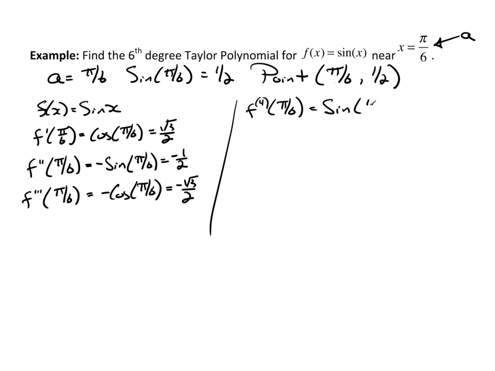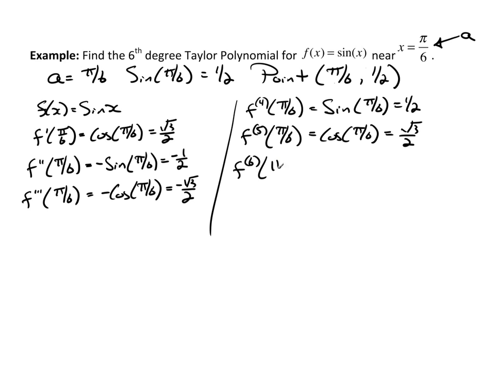So this would be sine of pi over 6, which is 1/2. The fifth derivative at pi over 6 is cosine of pi over 6, which is root 3 over 2. And then finally, the sixth derivative at pi over 6 is negative sine of pi over 6, which is negative 1/2.